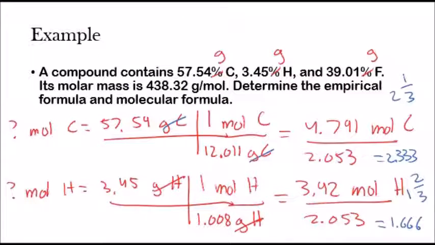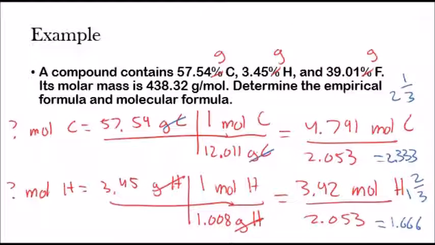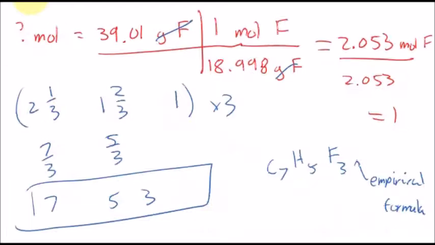Let's determine the molecular formula. Great. So we're already given the molar mass of the molecular formula here. Let's determine the molar mass of the empirical formula, and I'm going to use a different tab to do that.